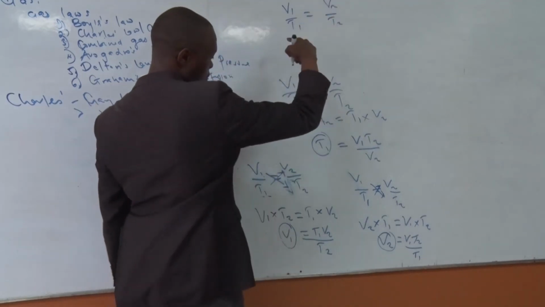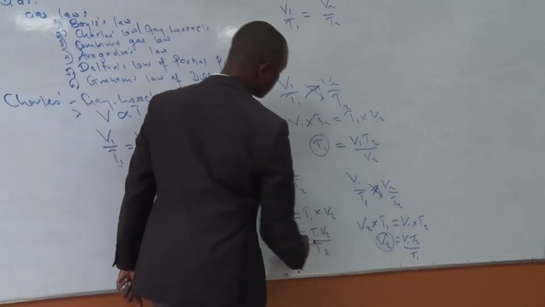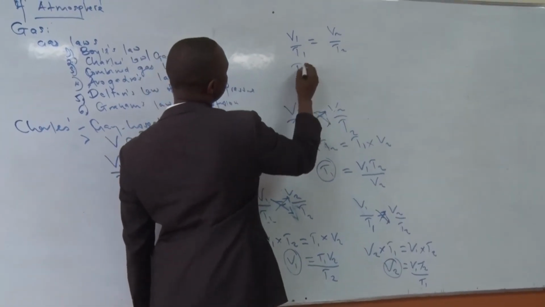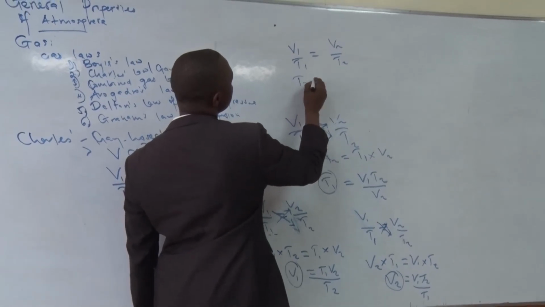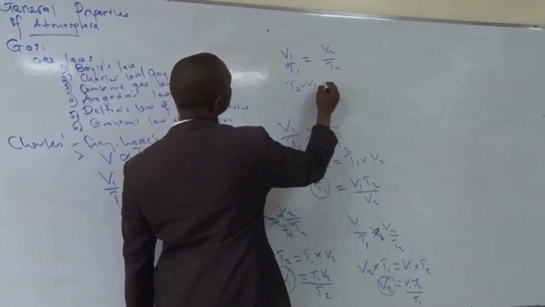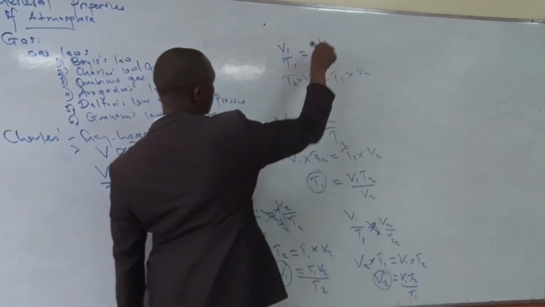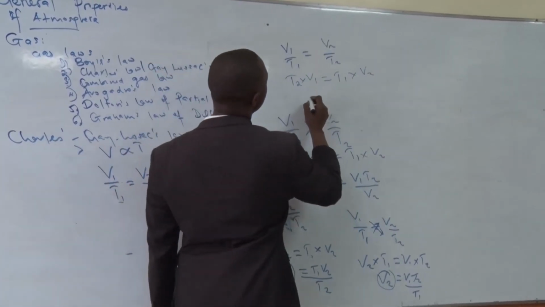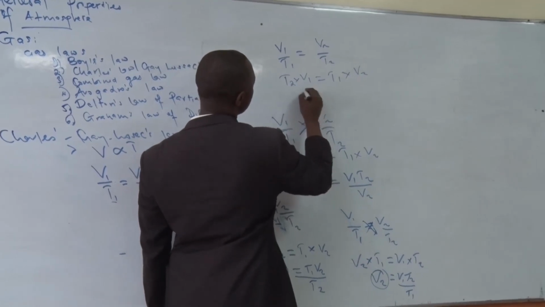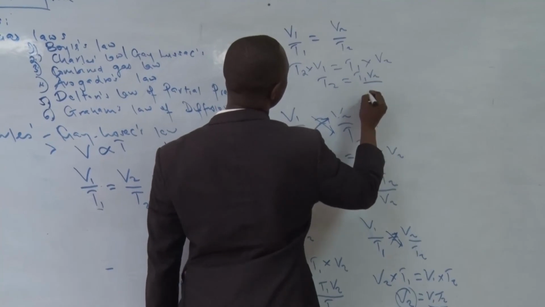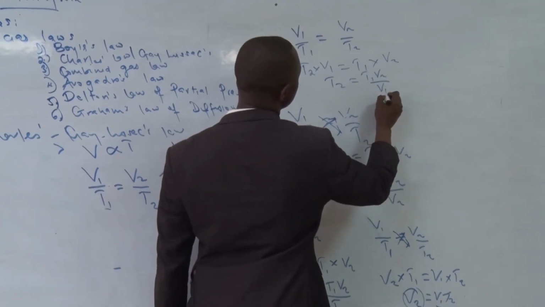We're looking for T2. When we cross multiply, we say T2 times V1 is equal to T1 times V2. So T2 becomes T1 V2 over V1.